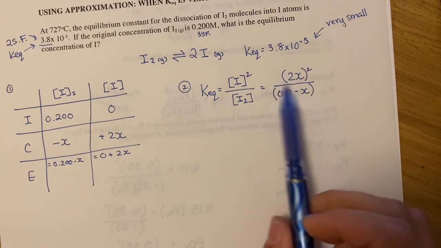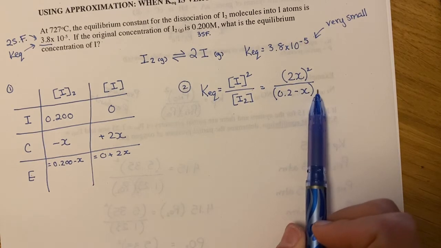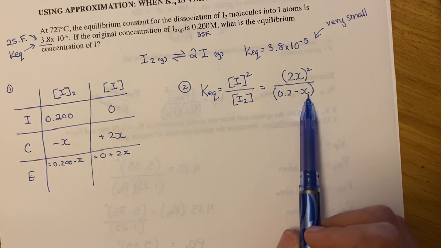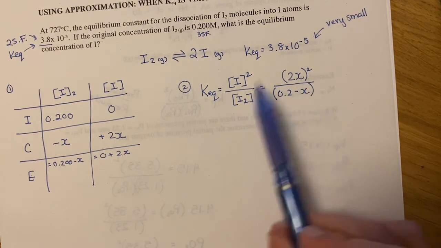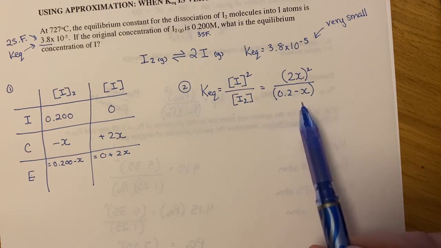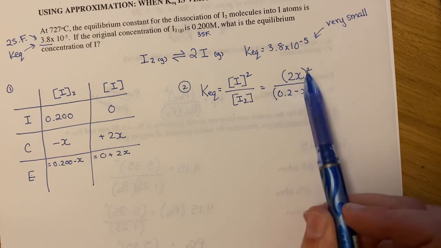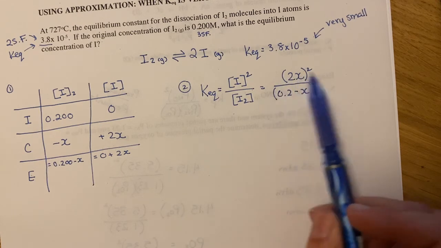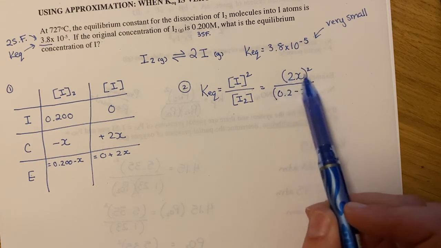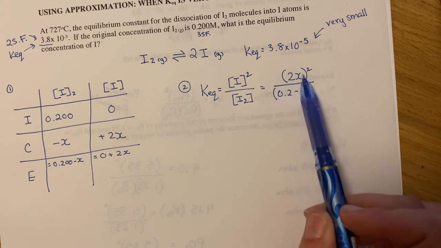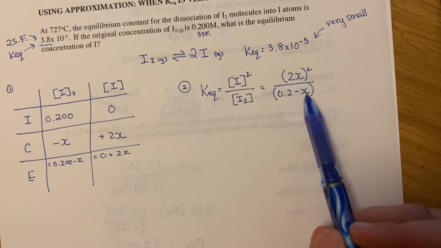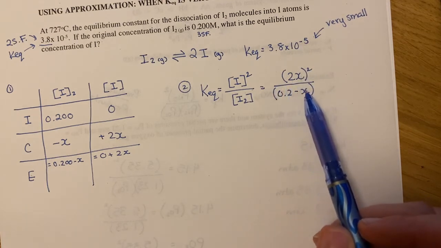Now at this point, if you tried to solve this, you wouldn't be able to. You wouldn't be able to figure out what x is with this mixture of integers and algebraic stuff. When you FOIL that out and you make this 4x squared, there's no way of solving what x is.